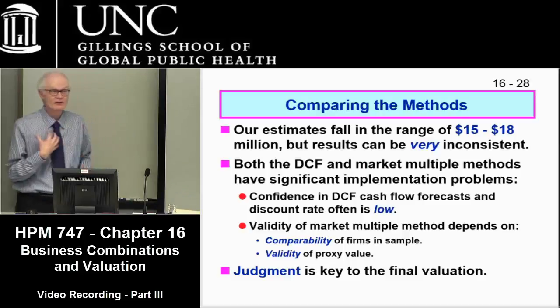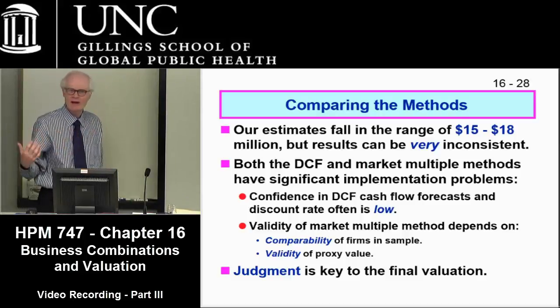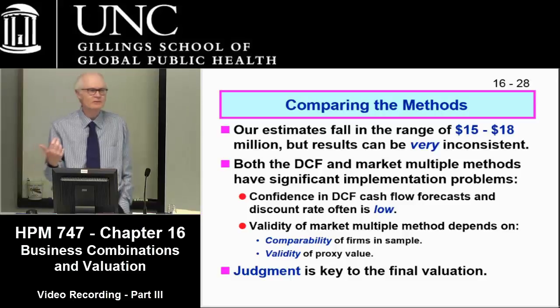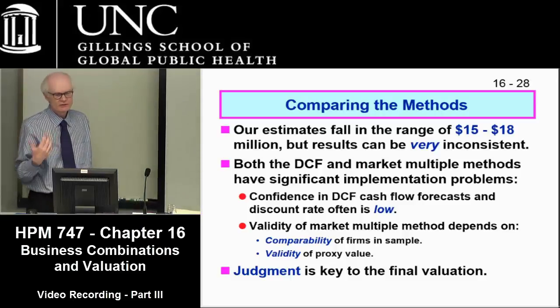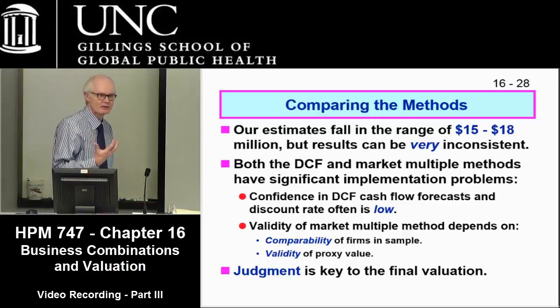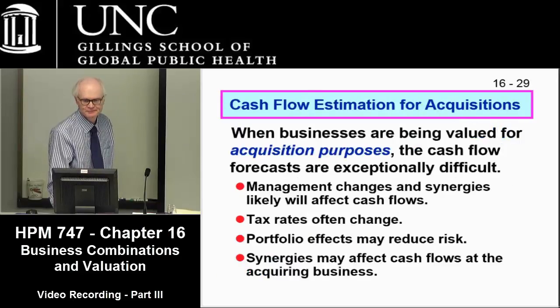Are those organizations similar to ours? Are they in the same geographic area? Is the real estate the same value? There's just a lot of judgment required to say this multiple is reliable or is not reliable. I don't know if that got to your question or not for now.